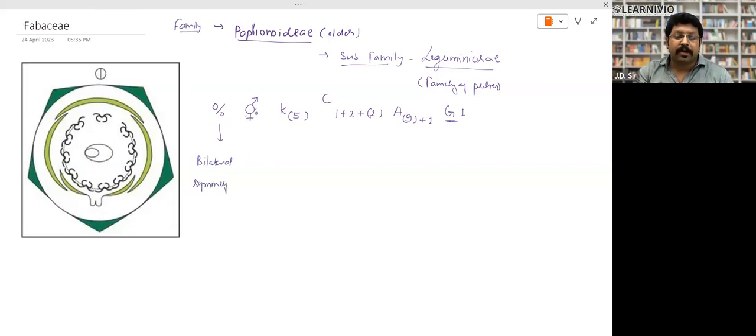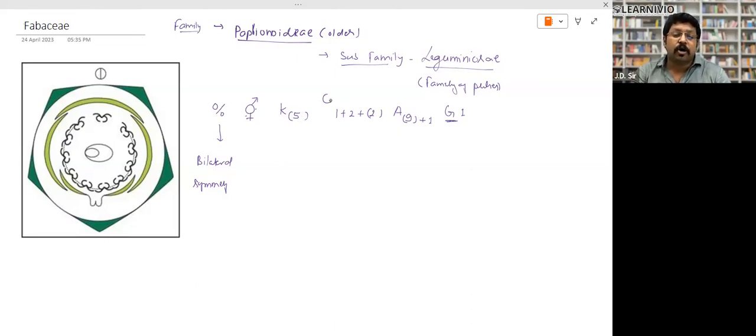Now, zygomorphic, bisexual. Bisexual means male and female parts both are present. Look, ovary is present and stamen is present. So that is bisexual. Calyx 5, you can see there are 5 calyx and all are fused. Calyx 5 gamosepalous, right? Means all are fused. Corolla, again, aestivation.